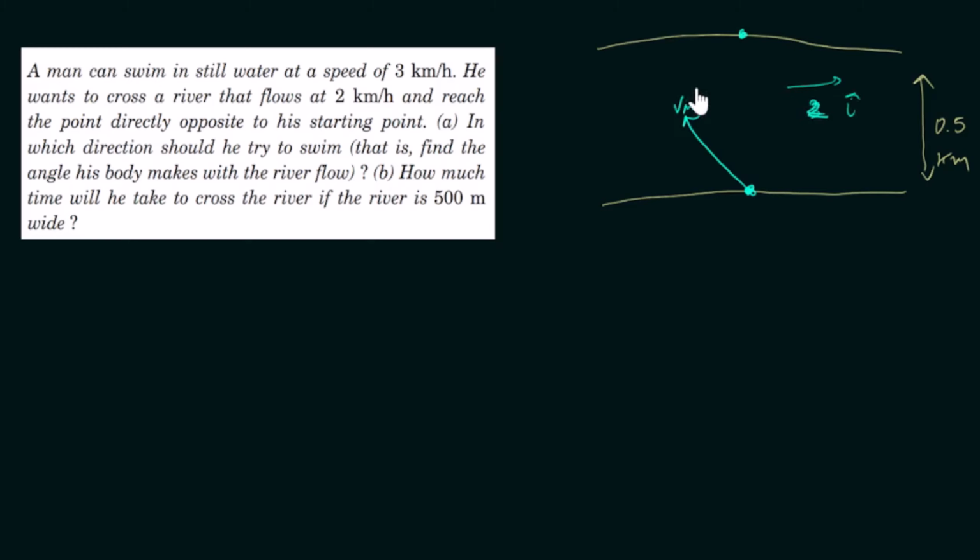And this is 3 km per hour, not i cap or j cap. We have to resolve it into two components. The angle is going to be found as theta.